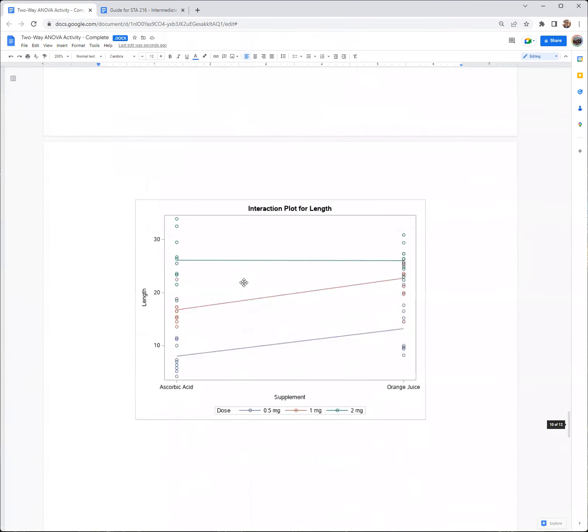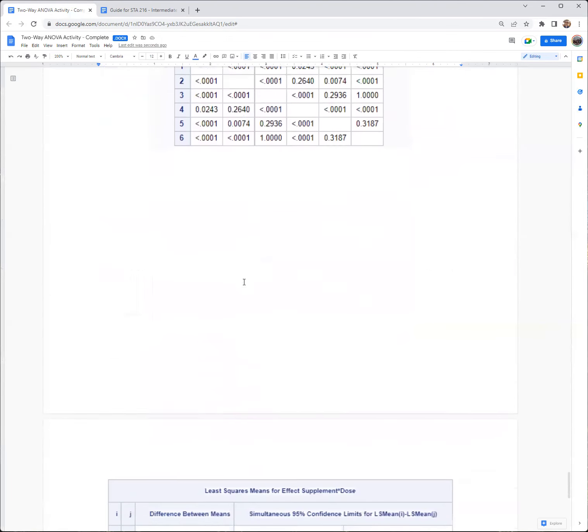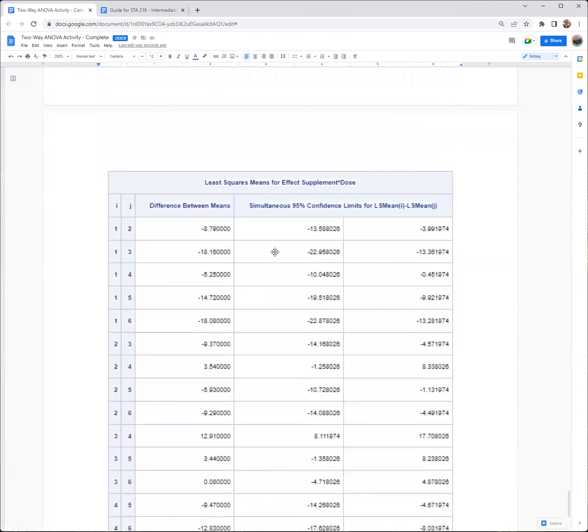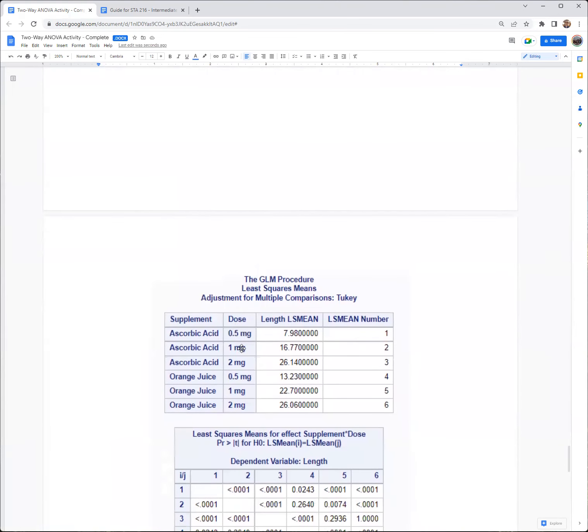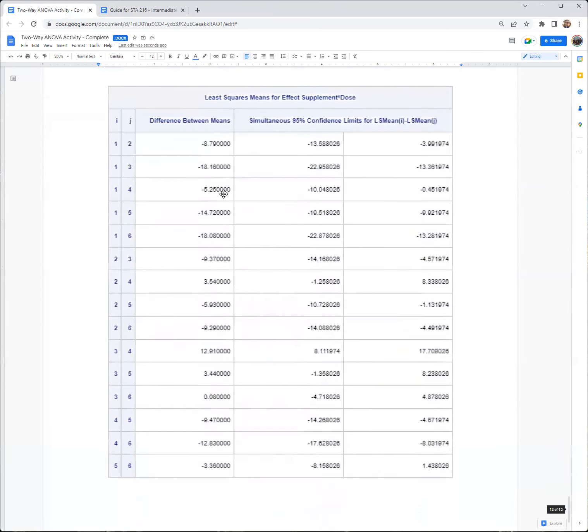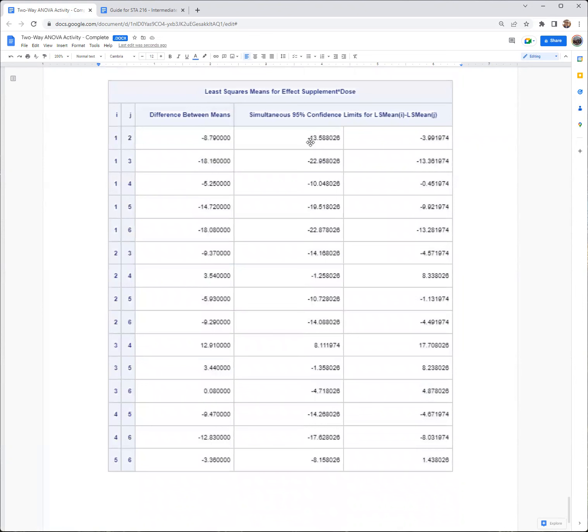So 0.5 milligram and 1 milligram of ascorbic acid. SAS gives you confidence intervals for all those pairwise comparisons. Okay, so 0.5 and 1, that's groups 1 and 2. So 1 and 2. Our confidence limits are here.